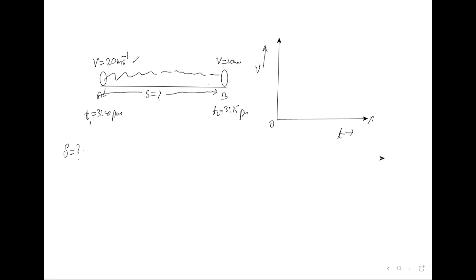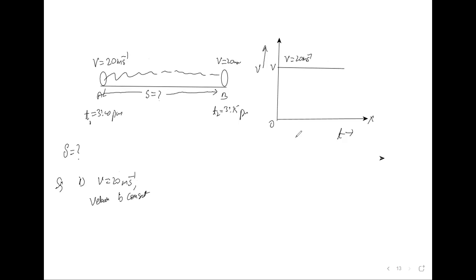The key point is that the velocity is 20 meter per second, means velocity is constant. For constant velocity, just put a straight line. This is the constant velocity. So we will write here the magnitude of the velocity, v is equal to 20 meter per second, as mentioned in the problem.